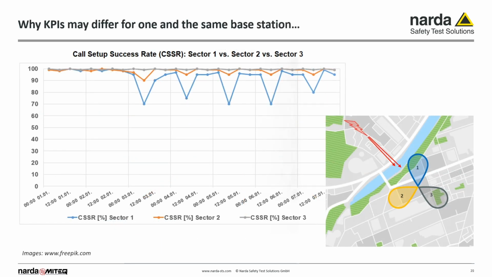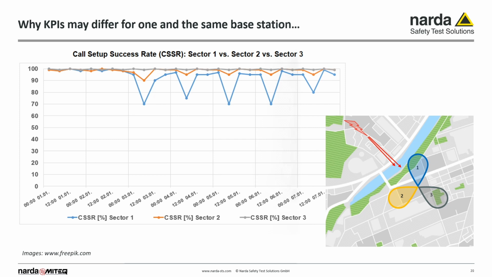Looking back into the OMC, we could see different and partly periodic curves for the CSSR counter for 3 sectors at one base station. As a reminder, the CSSR presents how many calls can successfully be established between the user equipment and the base station and typically ranges above 95%.